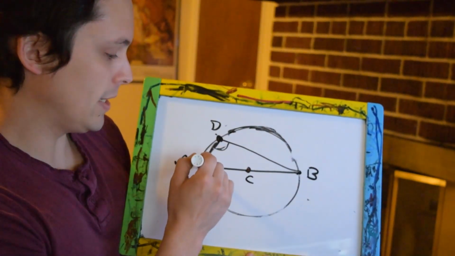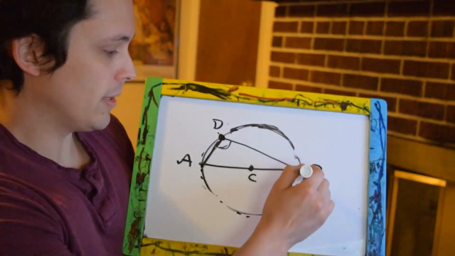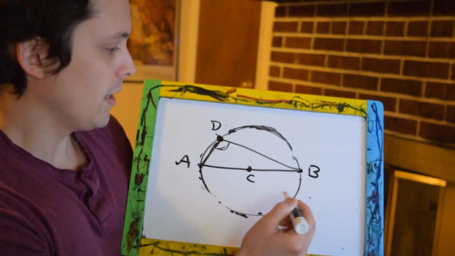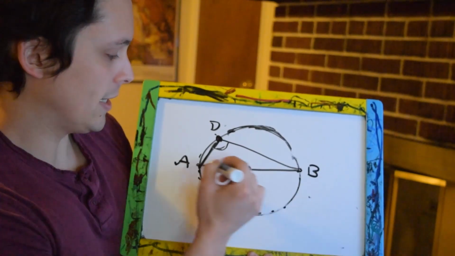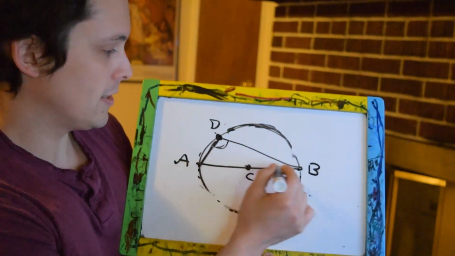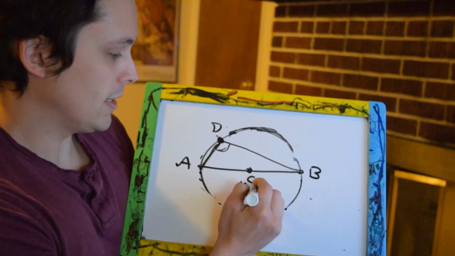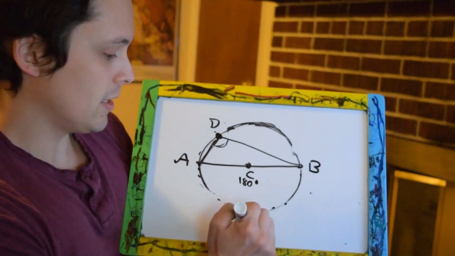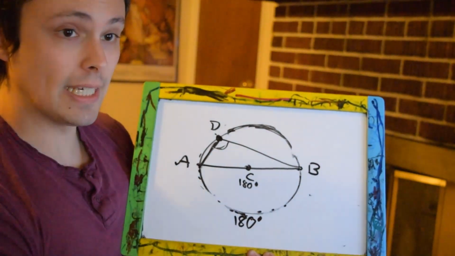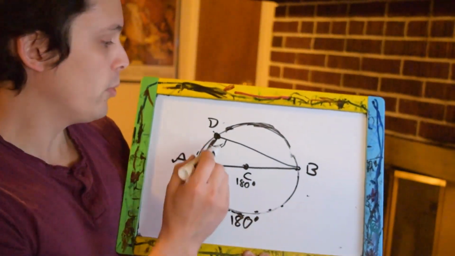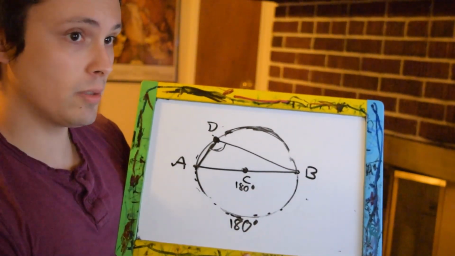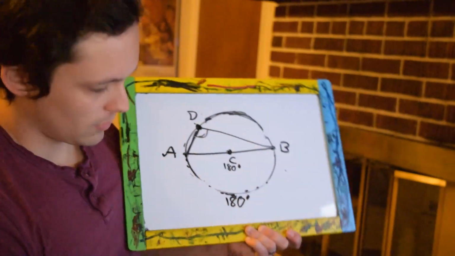The arc from A to B is around the circle like this, right? And the central angle we're talking about here is actually the diameter. It's a straight line. So that would be a 180 degree angle, which would make this a 180 degree arc. So if we apply what we just talked about, we would say that this should be 90 degrees.